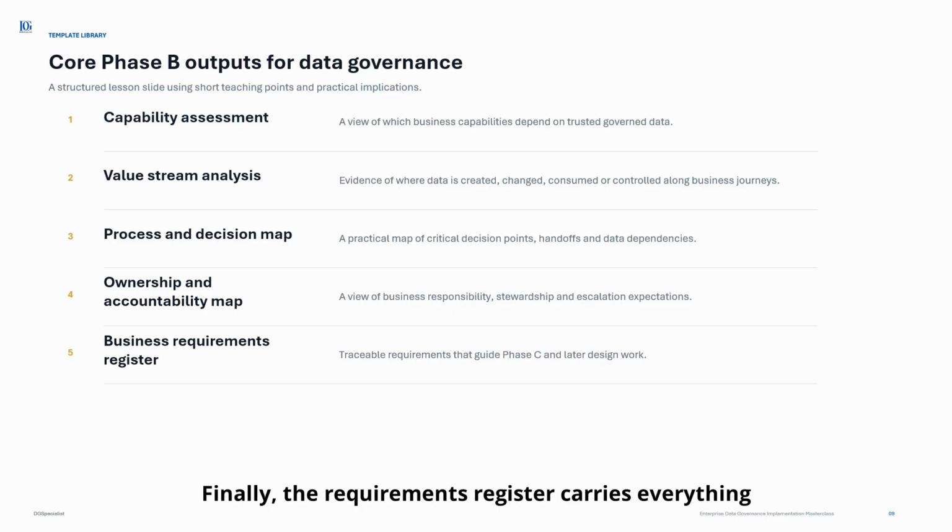Finally, the requirements register carries everything forward into the data, application, and technology architecture phases. Please capture one implication for your later portfolio output now. You are building the evidence that explains exactly where governance, accountability, data requirements, and operating model changes are truly needed.